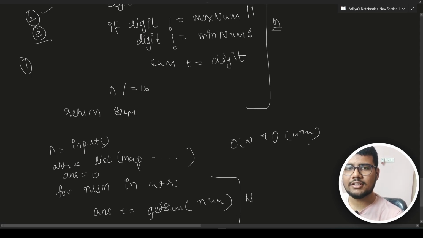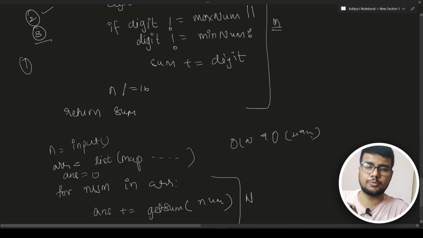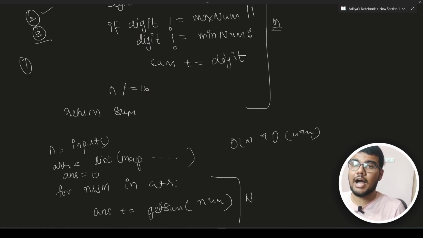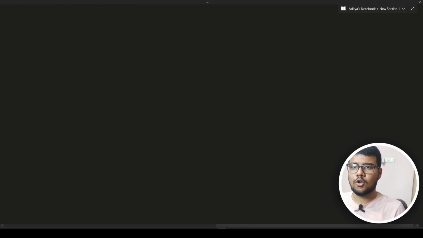So you might think the time complexity is high, but this question can be solved using this particular approach only. If you are able to solve this question in a much more optimal way, please let me know in the comments. I would be very happy to have a look at it, and our viewers will also see your approach.